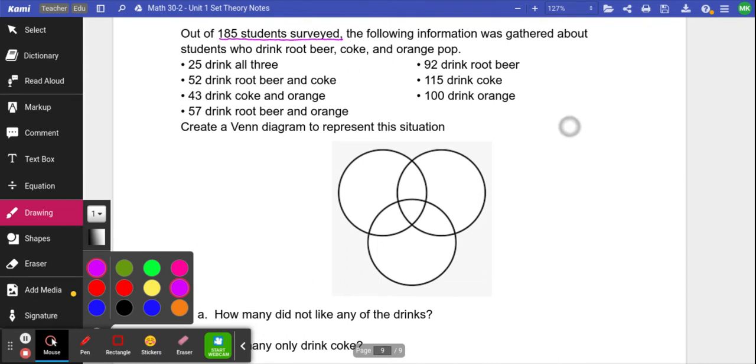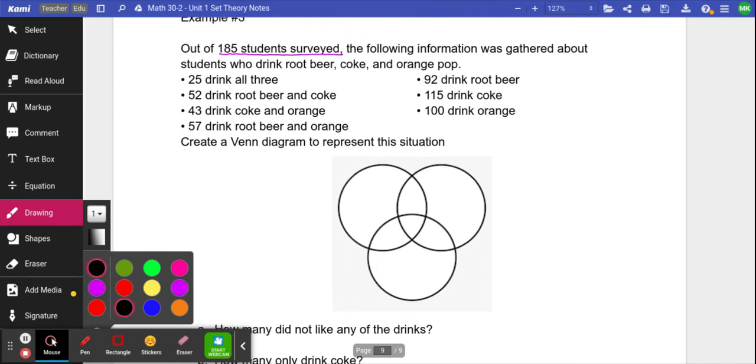Okay, here's our Venn diagram. When we're building Venn diagrams, there's a key to it all. That key is always start in the middle. Always. That means I need to fill in this section first. Then you can work your way out.